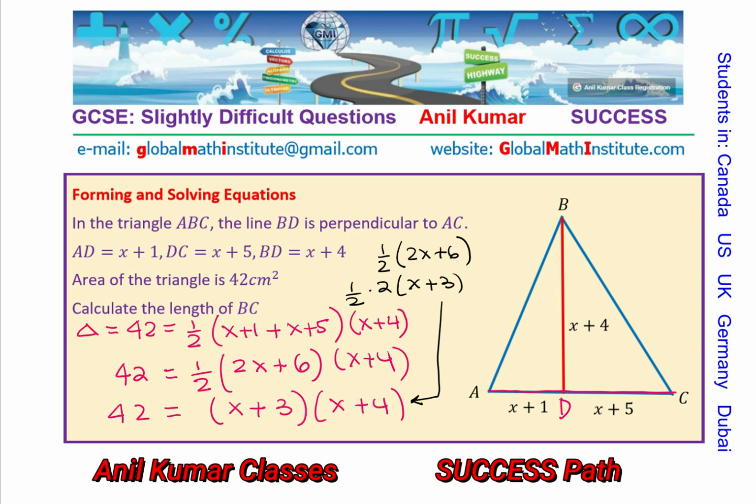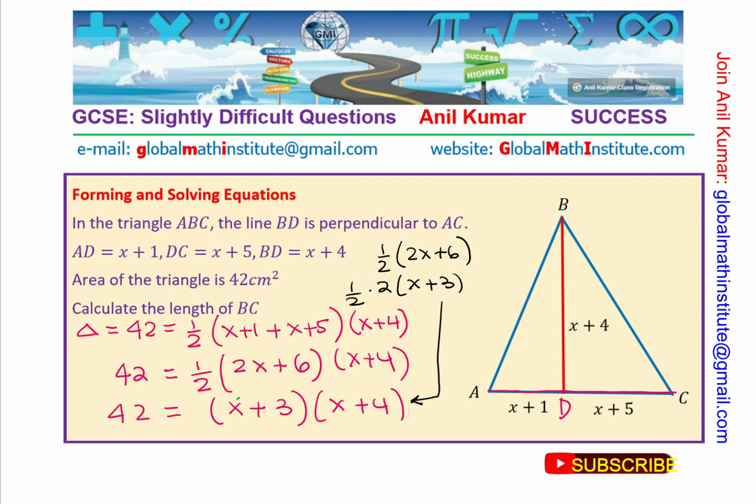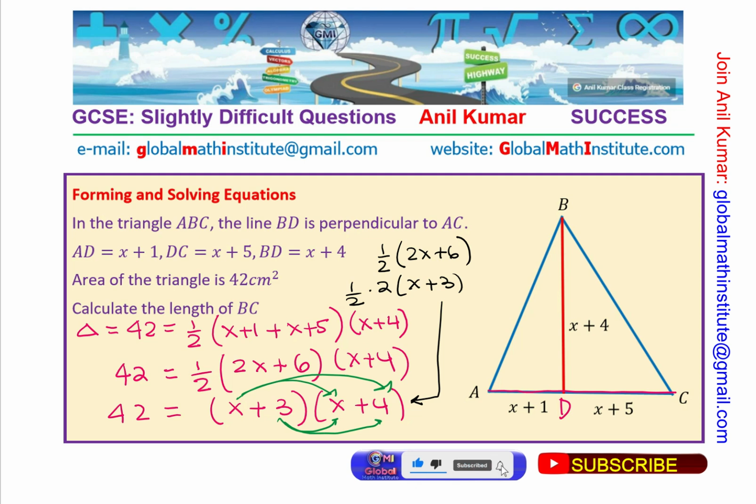So basically, 42 is equal to x plus 3 times x plus 4. You can expand and simplify. Now, some of you might have difficulty in this also. So basically, what you need to do is multiply with x these terms, and then with 3. Then combine the like terms. Let's do it.